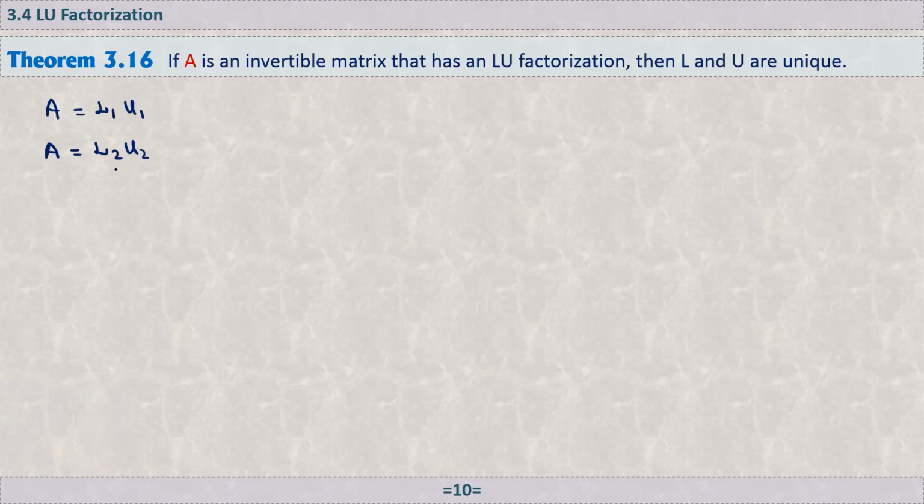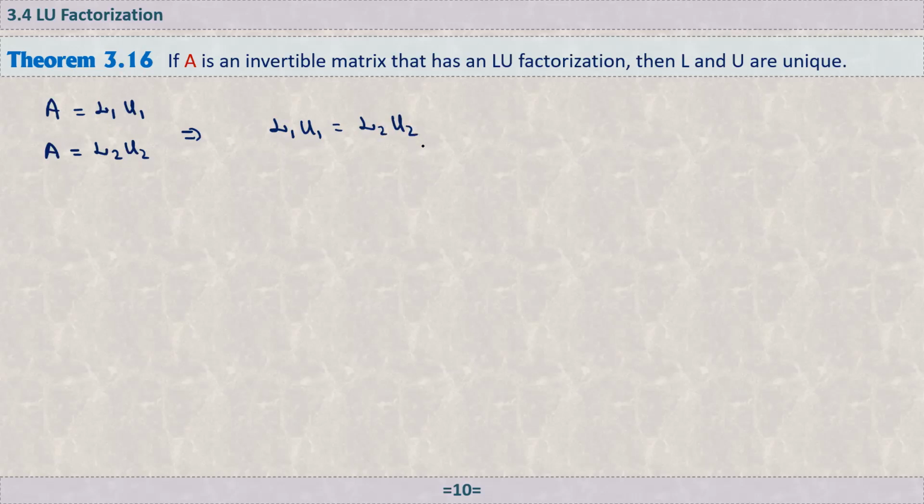Okay, so since A has an inverse, that means that also L and U have inverses. So from here A equals this, A equals this. This implies that L1 U1 must be equal to L2 U2.